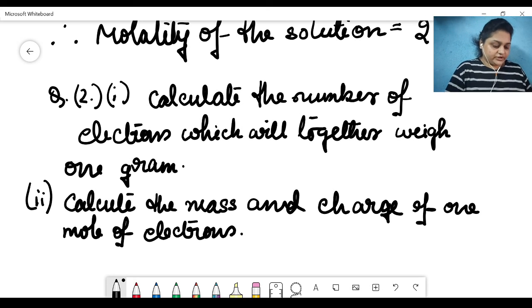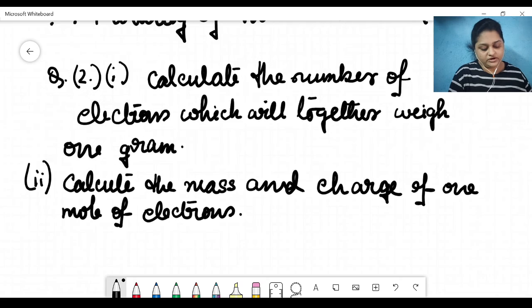Now these are the two questions, very simple questions these are. The first one is saying that calculate the numbers of electrons which will together weigh 1 gram.